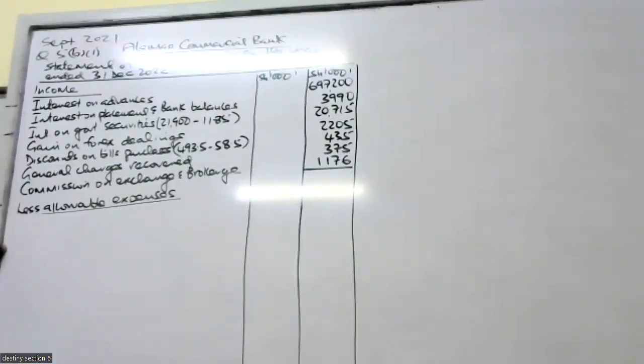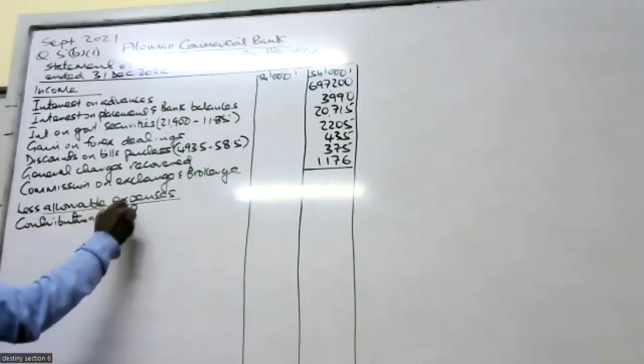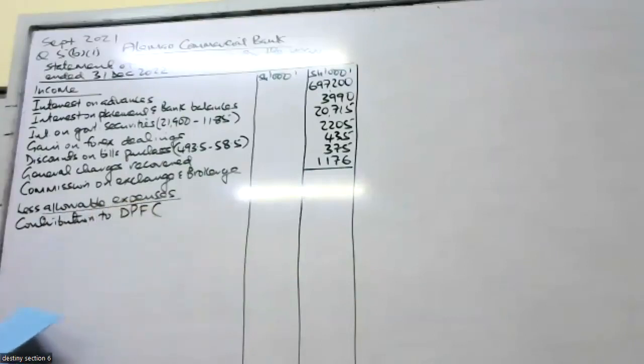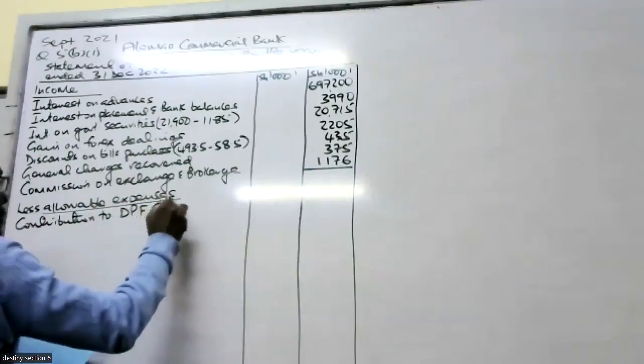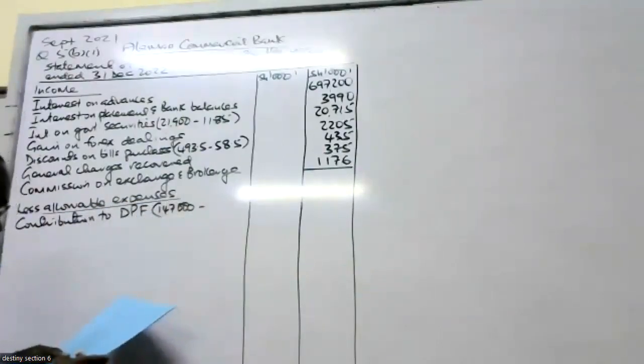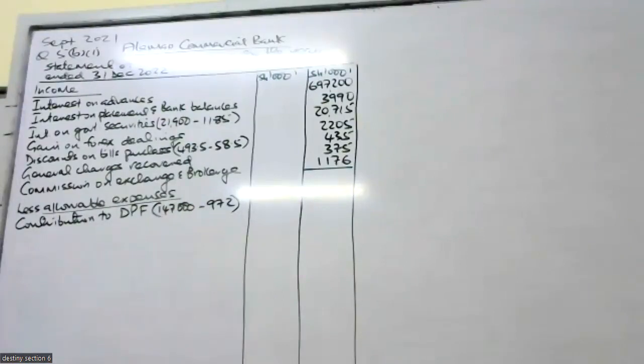Contribution to deposit protection fund includes investment revaluation surplus. So that's a balance sheet item. So we say contribution to deposit protection fund needs adjustment. So we'll adjust this. 147,000. We subtract this amount, this adjustment of 972. The difference is an expense.